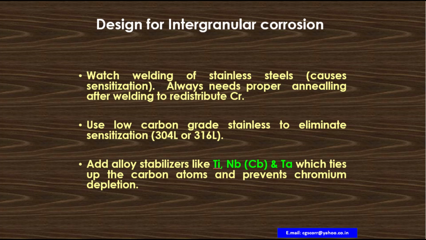Use low carbon grade stainless steels to eliminate sensitization, for example 304L and 316L, where L stands for low carbon. Add alloy stabilizers like titanium, niobium, otherwise columbium, and tantalum, which tie up the carbon atoms and prevent chromium depletion.